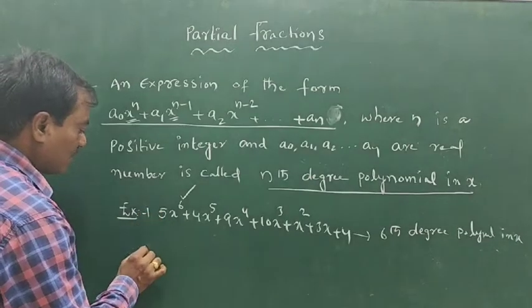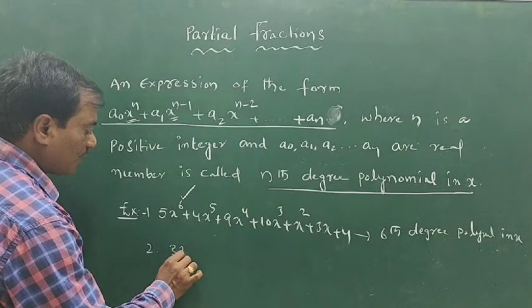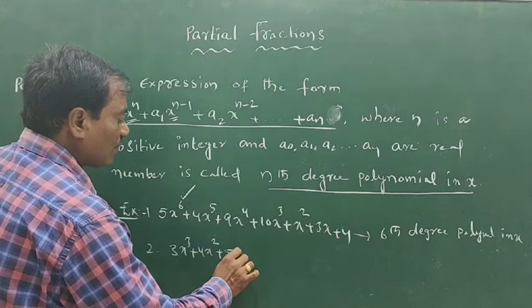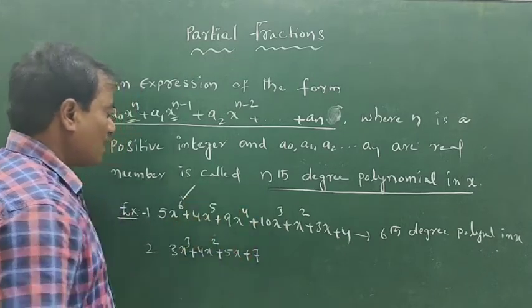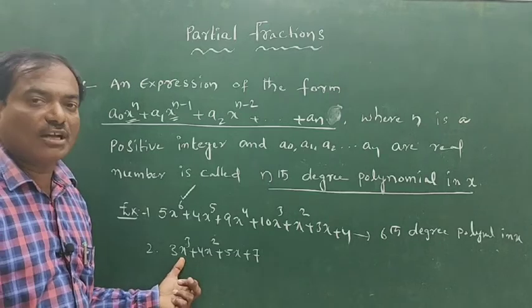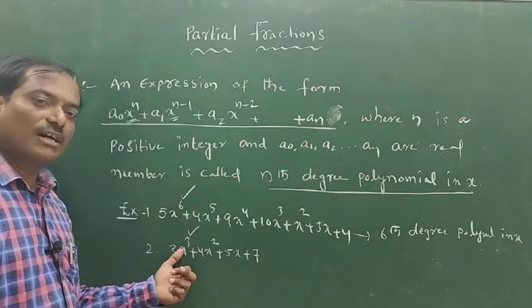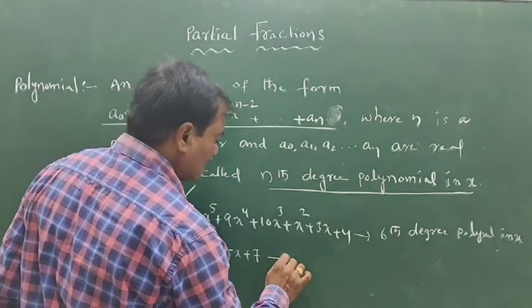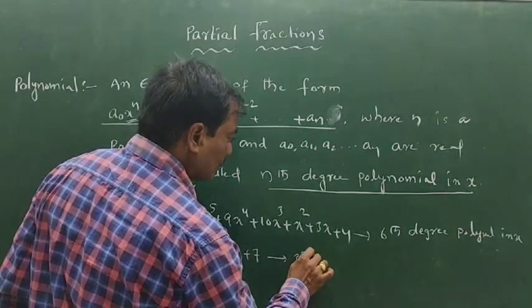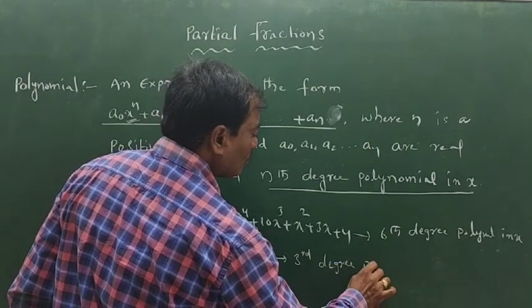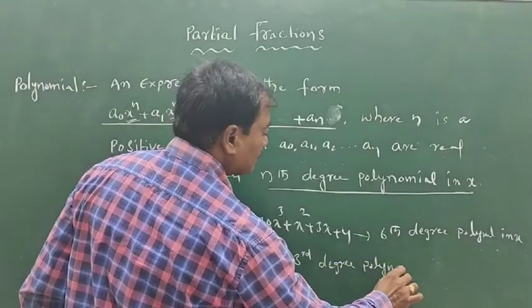This is the first example, and example 2: 3x cube plus 4x square plus 5x plus 7. This is a polynomial of degree 3, because the highest power of x is 3. Therefore this is a third degree polynomial.